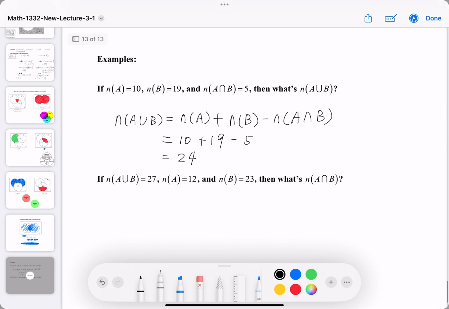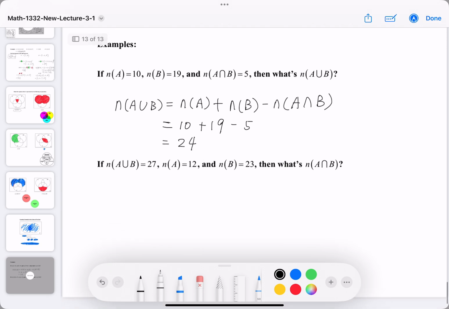Next example, if n of A union B equals 27, n of A is 12, n of B is 23, what is n of A and B?